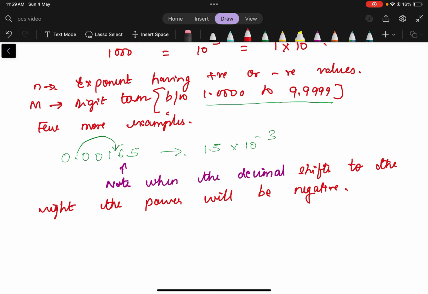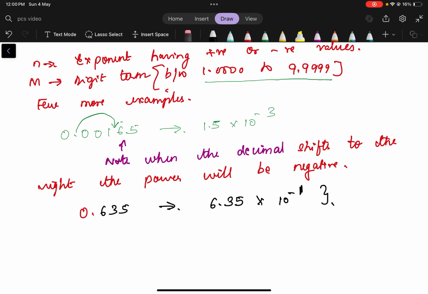We take one more example. 0.635. When the decimal shifts to the right, it comes to 6.35 into 10 to the power minus 1 in the scientific notation format.